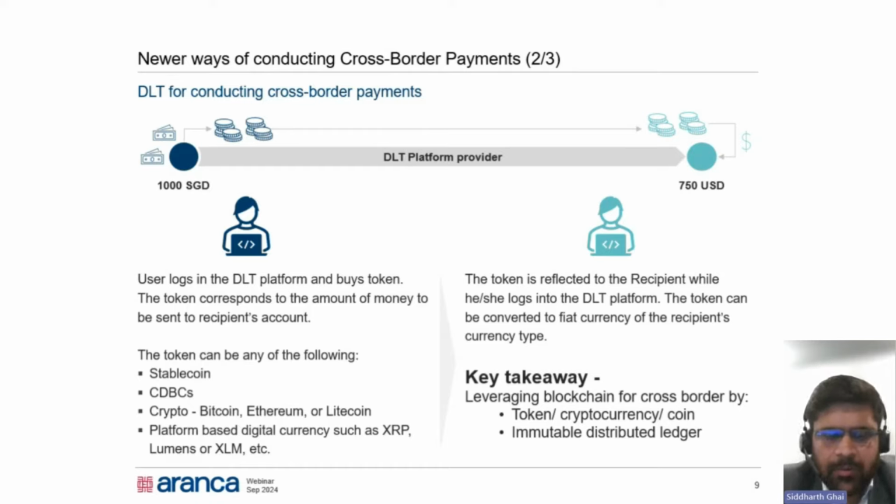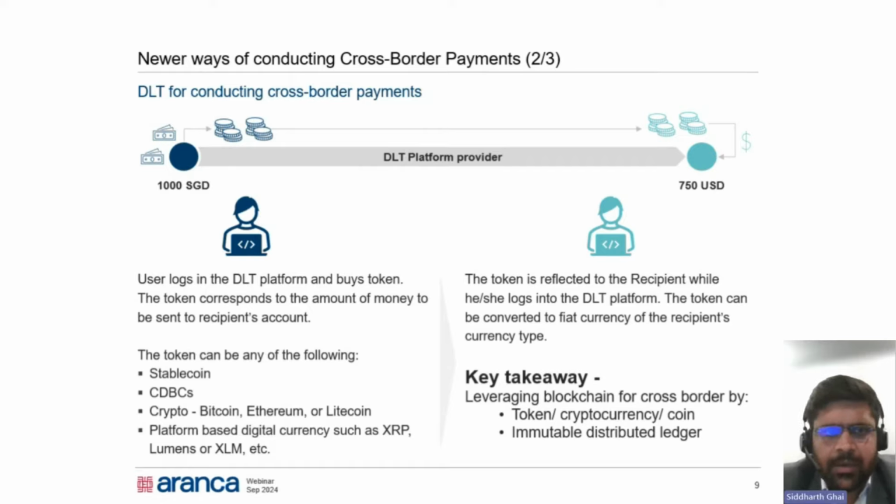In the later slides, I will explain what a stable coin is, what a CBDC is, what a cryptocurrency is, and what digital currencies are given by the different platforms, right? But this is how the flow of cross-border transactions usually occurs to enable overseas transactions.